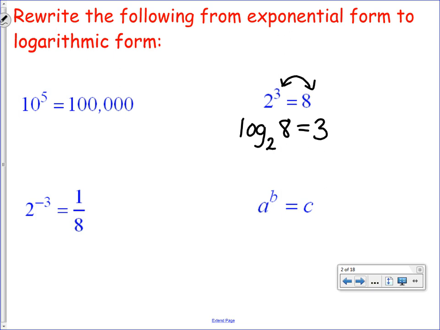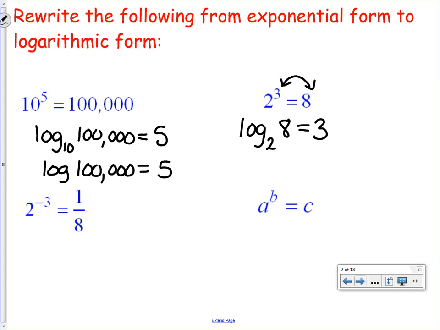To go back to our first example, 10 to the fifth power equals 100,000. That would become log base 10 of 100,000 equals 5. But when the base is 10, we call this the common log, and we typically don't write the base. So you'd probably see it as log of 100,000 equals 5.